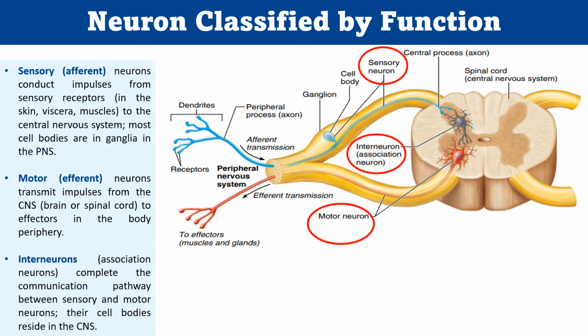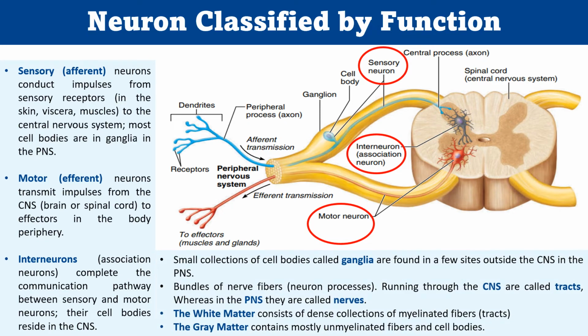Then we have interneurons. Association neurons complete the communication pathway between sensory and motor neurons. Their cell bodies reside in the CNS. Four things to remember about neurons or the nervous system: small collections of cell bodies called ganglia are found in a few sites outside the CNS, in the PNS.